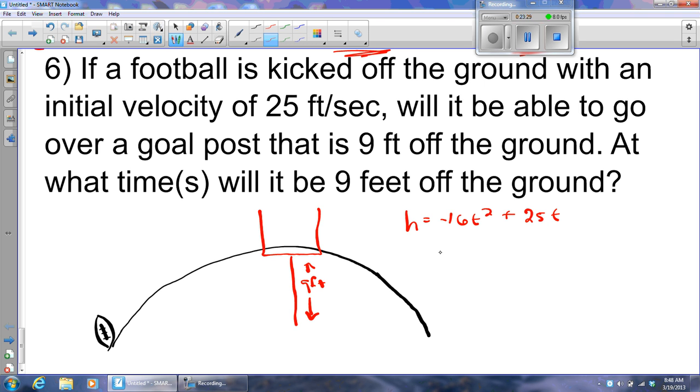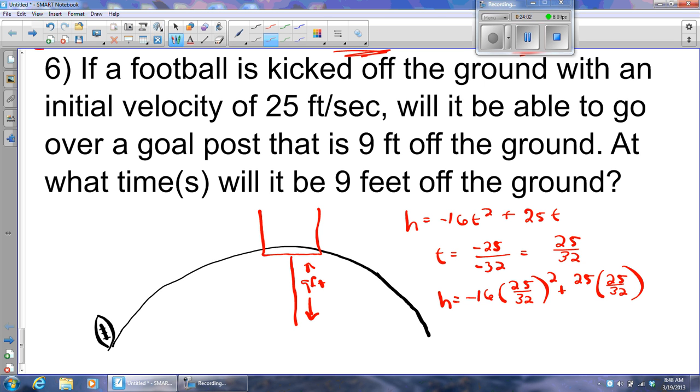So t equals negative b over 2a, which is 25/32 of a second. Then I'll see how high it goes: negative 16 times 25/32 squared plus 25 times 25/32.